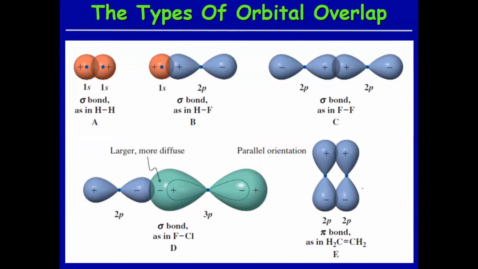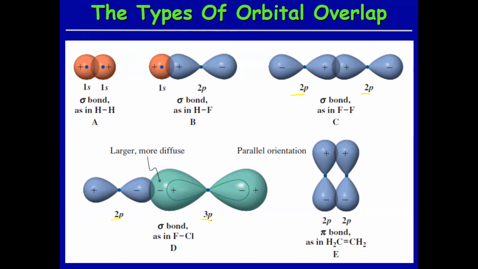And you can have plenty of different overlaps. You can have 1s with 1s. You can have a sigma bond between an s orbital and a p orbital. You can have a sigma bond between a p orbital and a p orbital, whether it is from 2p and 2p, such as in fluorine, or 2p and 3p like fluorine and chlorine.